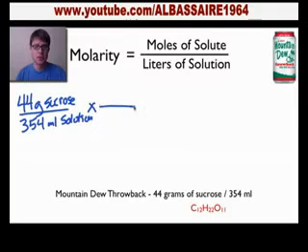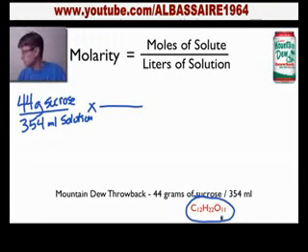I'm going to first convert the grams of sucrose to moles. To do that, I have to figure out the molar mass of sucrose. How do you do that? You add up the mass of the carbon, not only one carbon but 12 carbons, the mass of 22 hydrogens, and the mass of 11 oxygens. I did that a second ago, and I found that it is 342.30 grams.